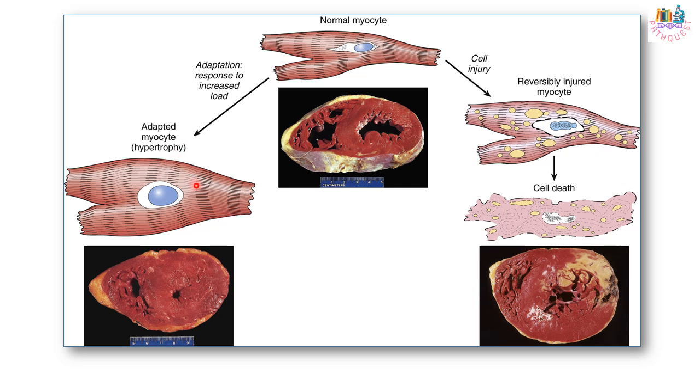Now, when there is hypertrophy of multiple myocytes, it results in an increase in the muscle mass of the heart. So, we can clearly see the difference between the muscle mass of this left ventricle and the increased muscle mass of this left ventricle. This is called left ventricular hypertrophy.